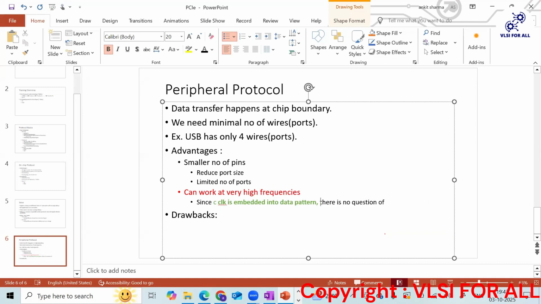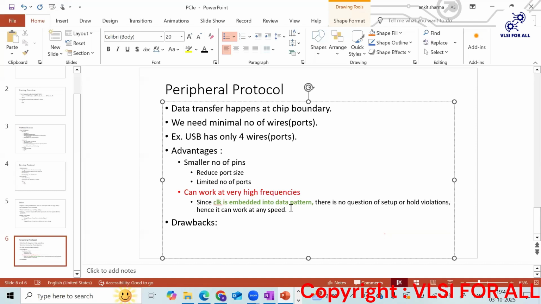If we are avoiding transferring the clock, there is no question of setup or hold violations. Hence it can theoretically work at infinite speed, but let me write, it can work at any speed. That means it's not limited by frequency now.